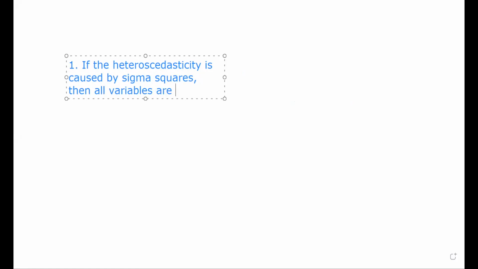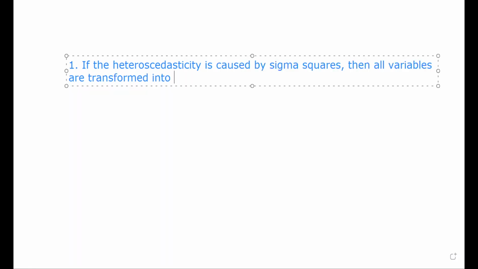First, if we have heteroskedasticity, then all variables are transformed into y over sigma, and for x, for example x2 over sigma, x3 over sigma.